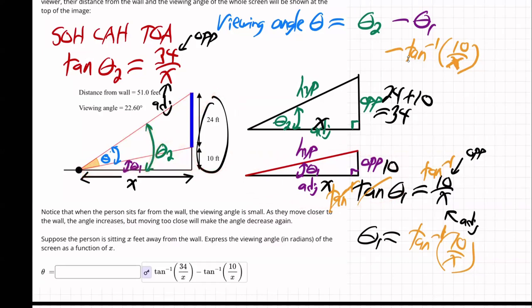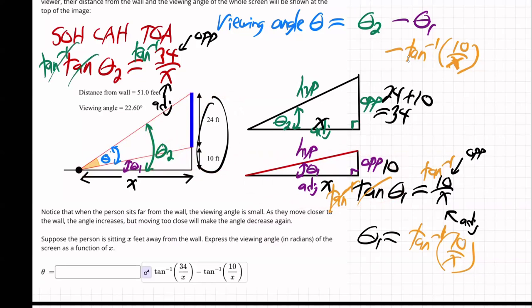And so now we can just go, all right, inverse tangent, because we're trying to solve for theta 2. Inverse tangent cancels that out.